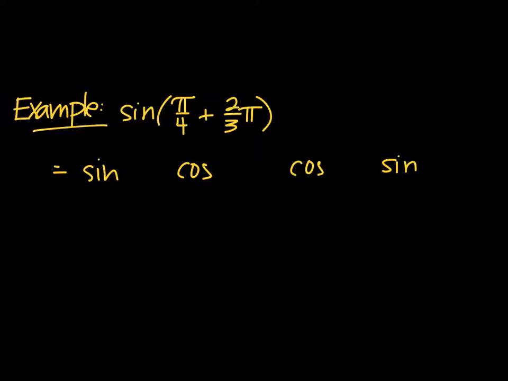Just the first line is all you need, because this is only a sine problem. Then you go back and fill in the x's and the y's, which this time are pi fourths and 2 pi thirds, and pi fourths and 2 pi thirds. Don't change the order. Keep the order consistent. And this is a plus problem, so it stays a plus when you're in the first line of the cheer.